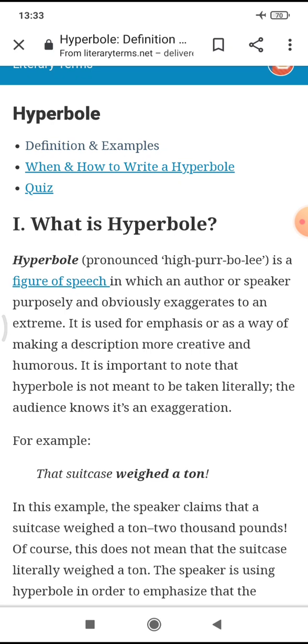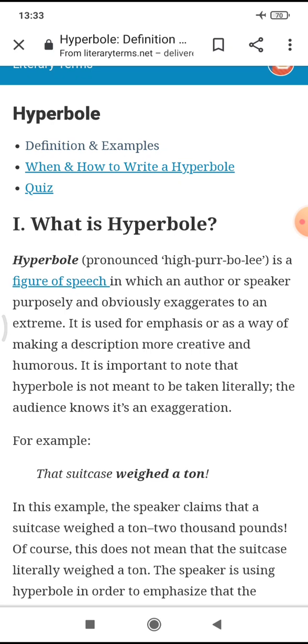The audience knows it's an exaggeration, and this is used when the listener or the audience knows that it was an exaggeration. The example has been given here. That suitcase weighed a ton.